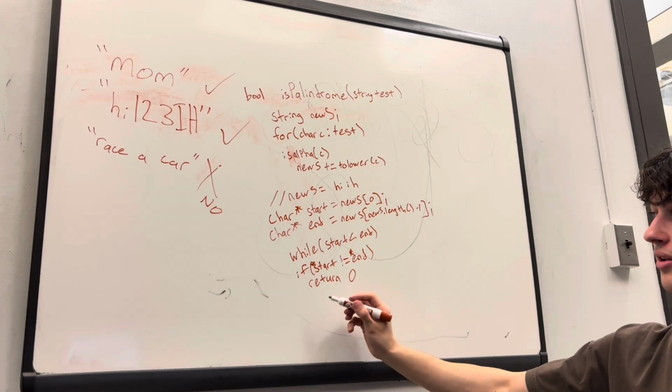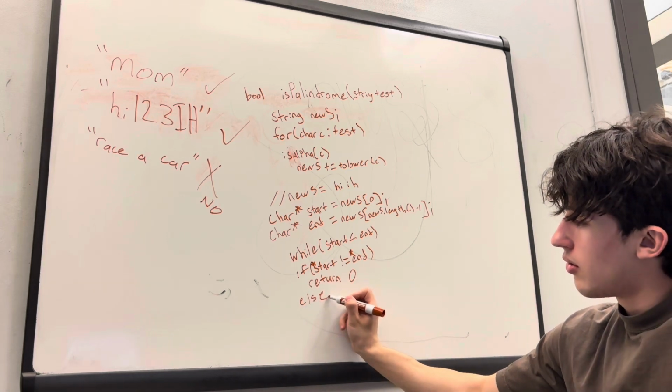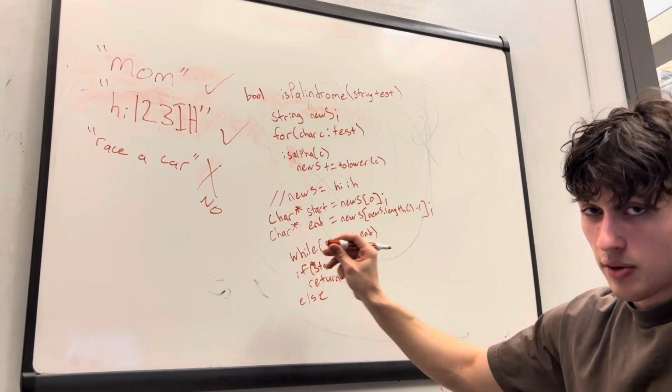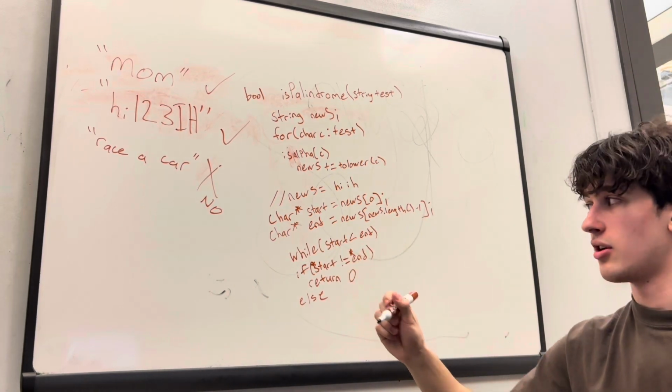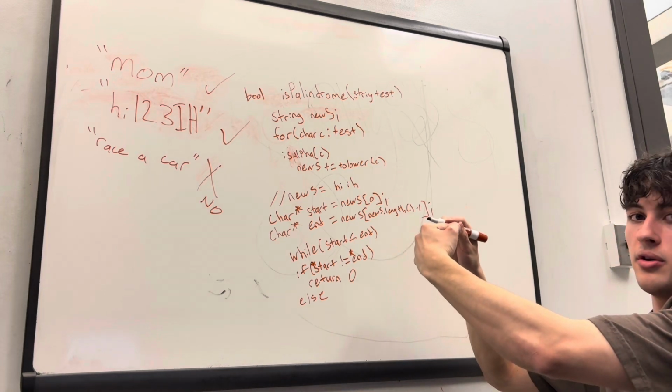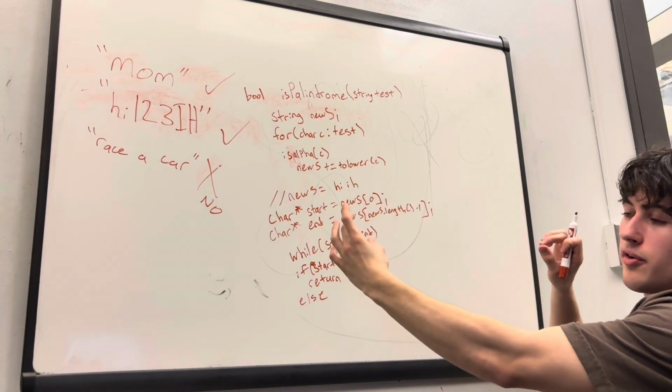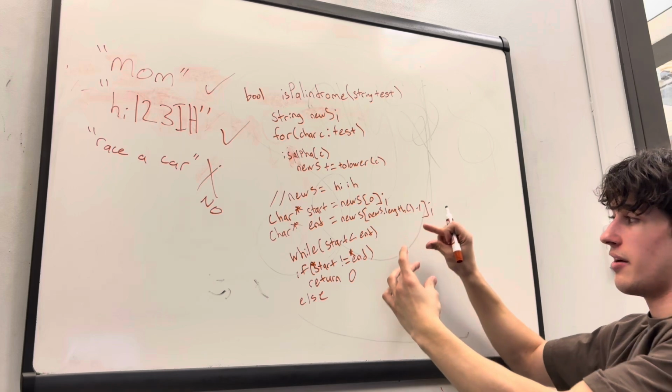But if not, we're going to want to increment the start pointer to the right and the end pointer to the left, because really they want to meet in the middle, because you're scanning the start pointer from left to right and the end pointer from right to left.